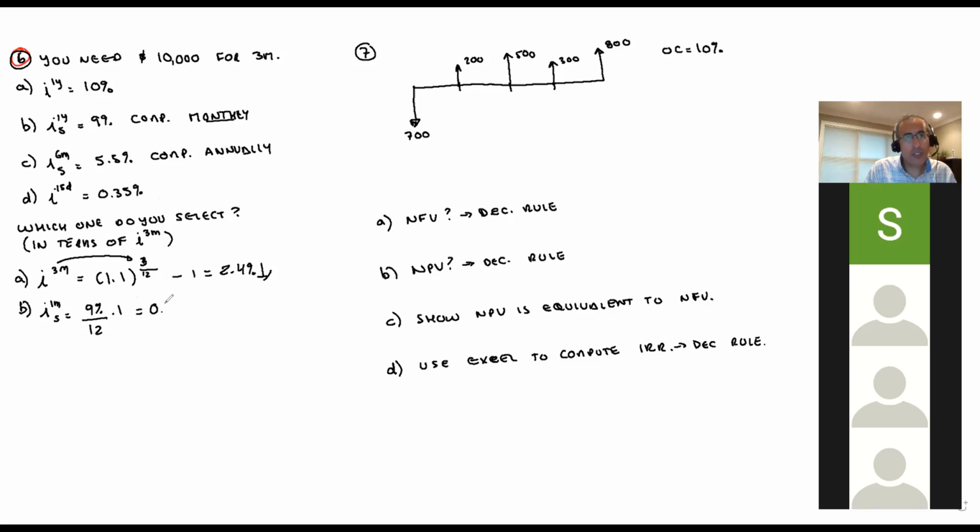So this is equal to 0.75%. And as soon as the simple is in a compounding period, this is also equal to the compounding interest rate for 1 month, correct? Then if I have 1 month, I can go to the 3 months compounding. This is going to be 1.0075 to the power 3, correct?